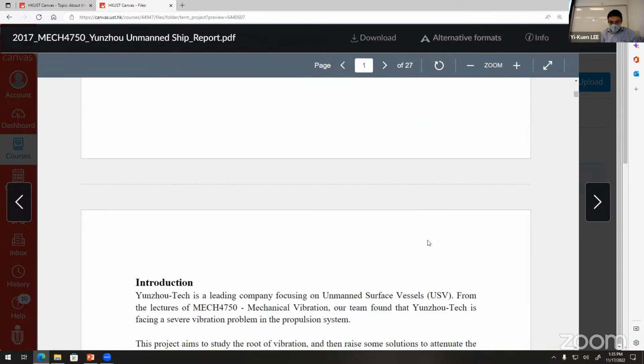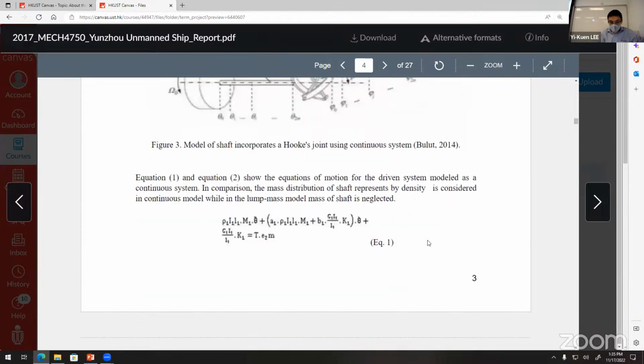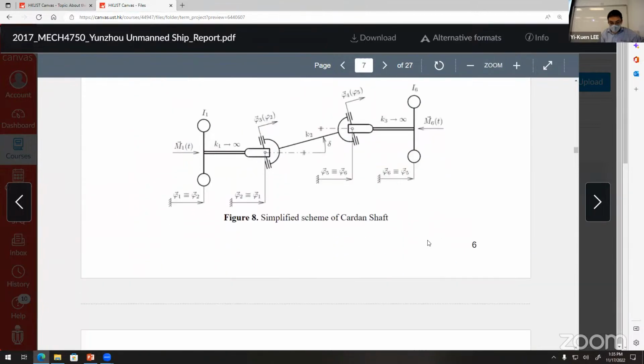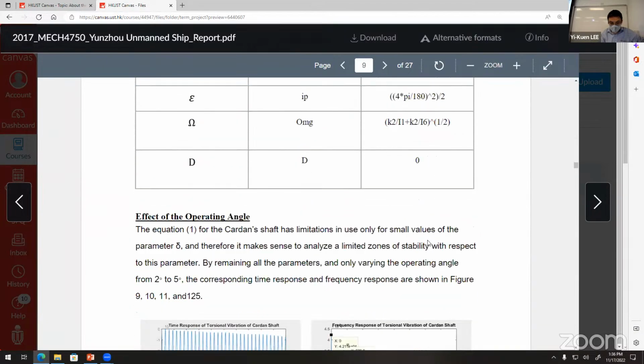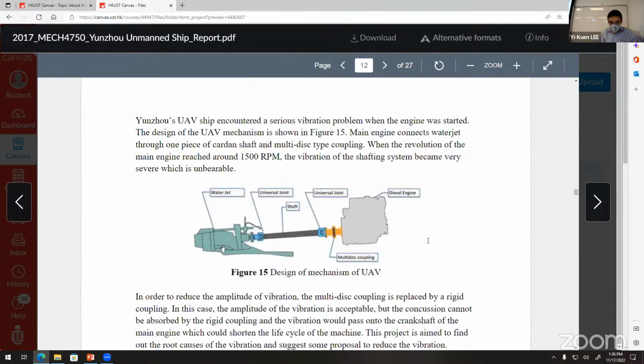Basically, if you look at the most important key components of this main ship, we need to consider the most important components of the whole mechanical system. The first is the engine. The engine is one of the key vibration sources, the forcing function.